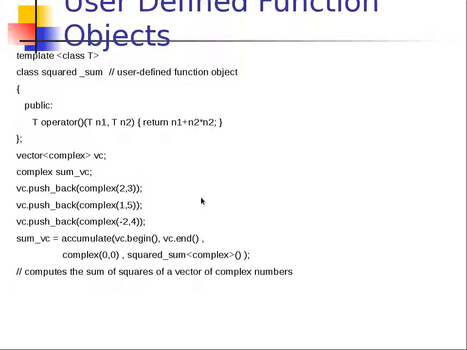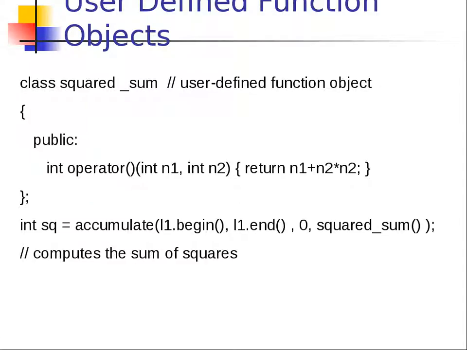User-defined function objects. Right, we just did this. Notice the syntax int operator open close parentheses, because that's why you do squared_sum open close parentheses. That'll map to this function because the class is squared_sum and the function is operator open close parentheses. Okay? That's how you do it.